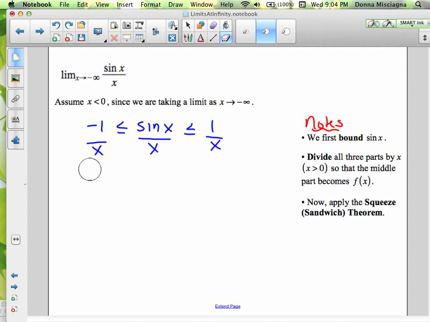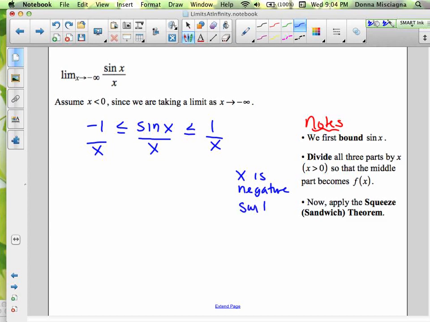Because x is negative, remember what happens when you multiply or divide an inequality by a negative number? We have to switch the direction of the inequality symbol. Just a small thing we have to add, but we don't want to be saying something that's not really true.